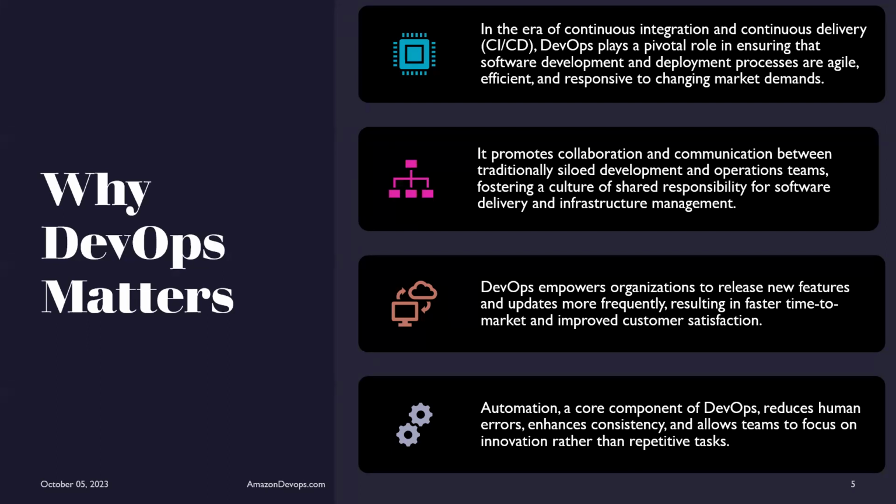We are mostly concerned about automating the tasks that are repetitive. Automation is one of the key concepts of DevOps, and the reason we automate is to reduce human errors, enhance consistency, and allow teams to focus on innovation rather than just doing repetitive tasks.